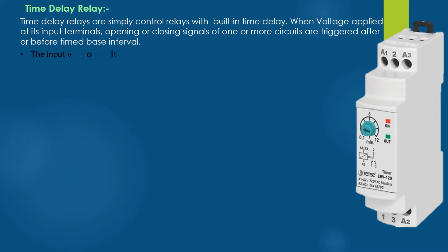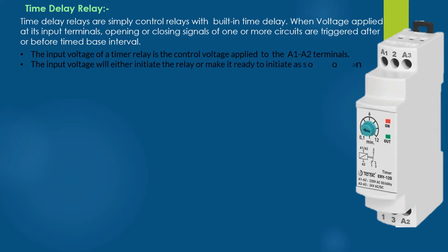The input voltage of a timer relay is the control voltage applied to the A1, A2 terminals. The input voltage will either initiate the relay or make it ready to initiate as soon as a trigger signal is applied after or before a preset time. A trigger signal is used to initiate the relay after the preset time once the input voltage is applied.